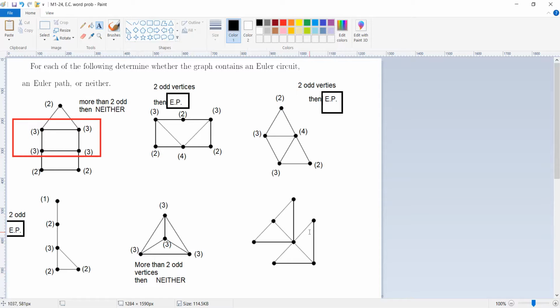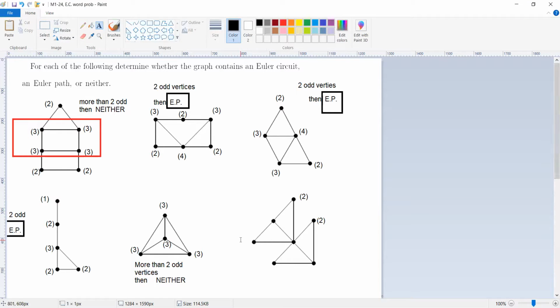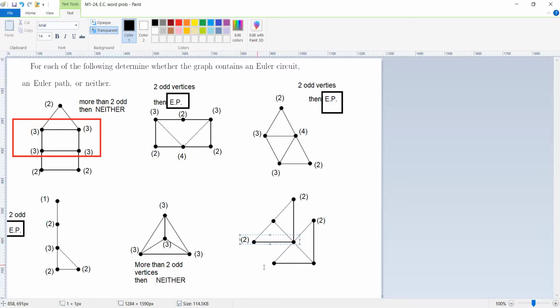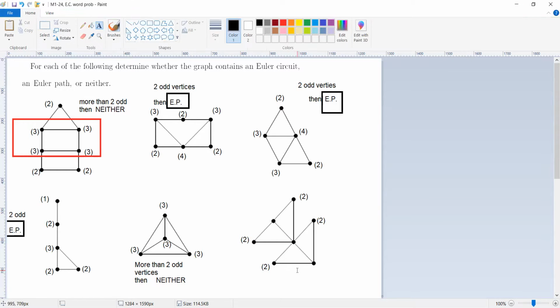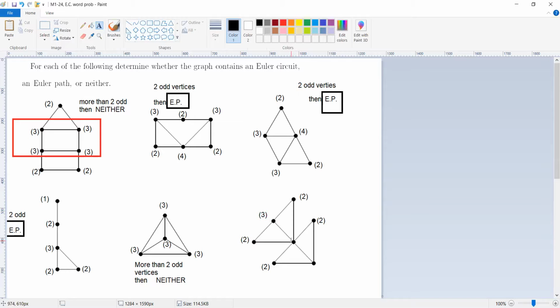Okay. Next graph. Check the degree. 2 on the corners. Okay, 2, 2, 2, 2. This is degree 3. This one, let's check with color.